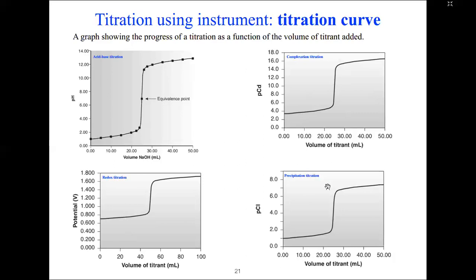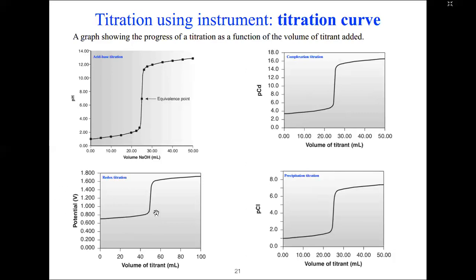And you have precipitation titration, which is very similar. On the y-axis, you have pCl. So you are measuring the concentration of chloride ion, Cl minus ion. What is pCl? pCl is the negative log of chloride ion concentration. pCd is the negative log of cadmium ion. But pH is the negative log of hydrogen ion concentration.